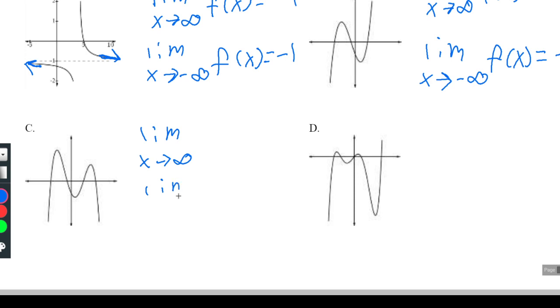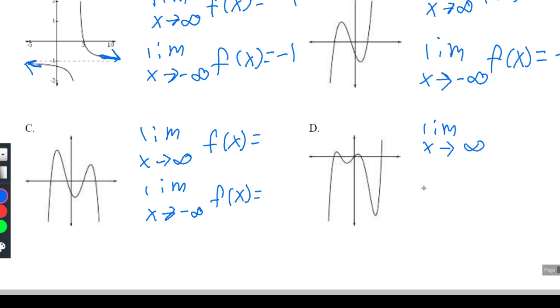Limit as x approaches infinity, limit as x approaches -infinity, f of x equals.